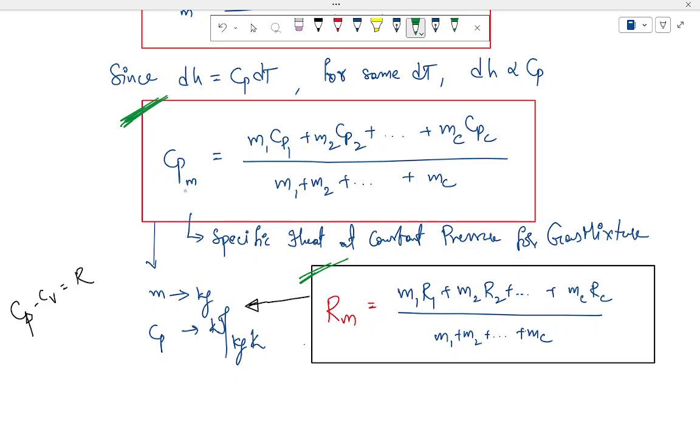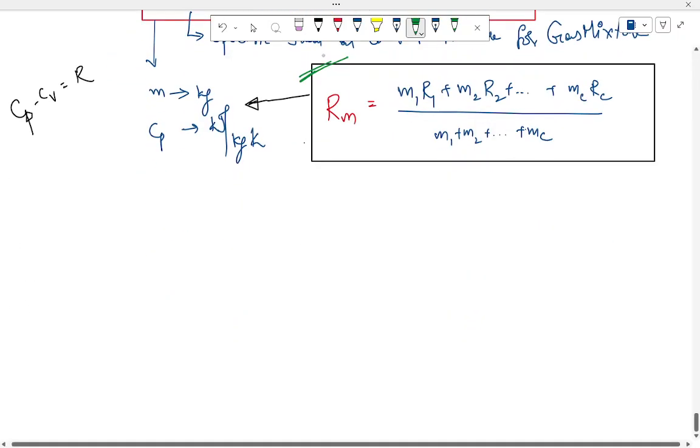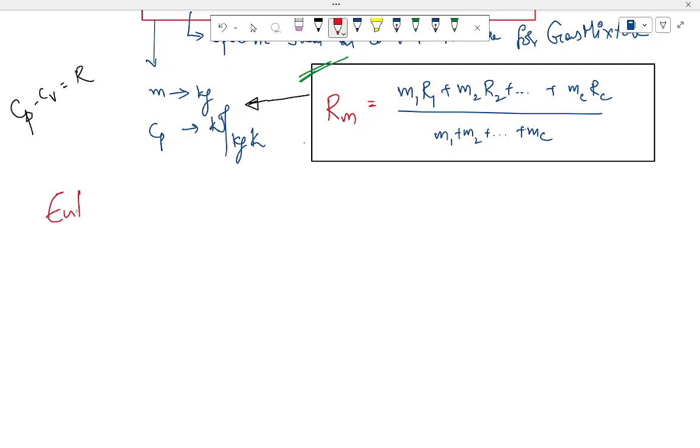Okay, and one more concept that we should see in connection to this is the entropy of gas mixture. So the entropy of the gas mixture is a little bit different compared to all the other formulas you have for the mixture here.